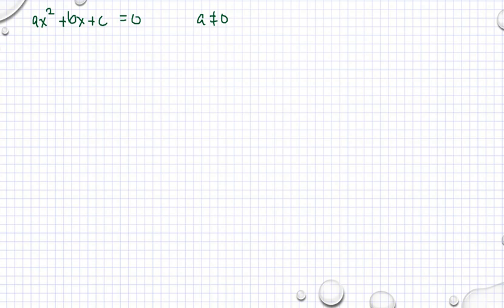Let's have a very easy example of how to solve quadratic equations by factoring. You need to use your knowledge. The prerequisite of this is that you have gone through factoring in your subject.